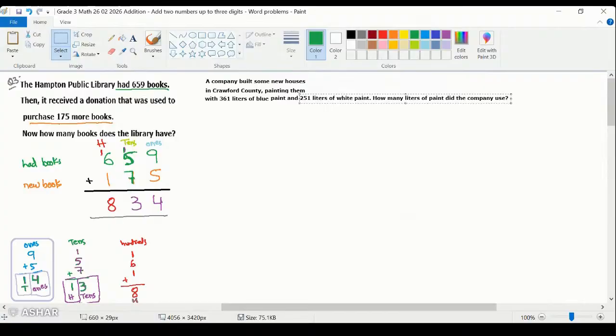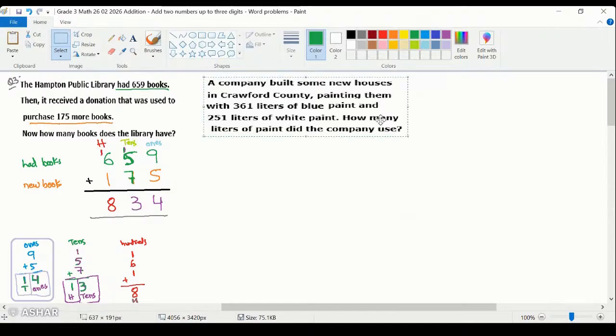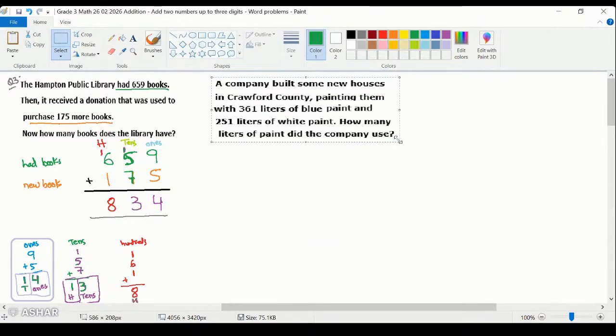Just a moment, please. I'll realign it. What they are saying is they have to paint a house. They used a certain quantity of paint.